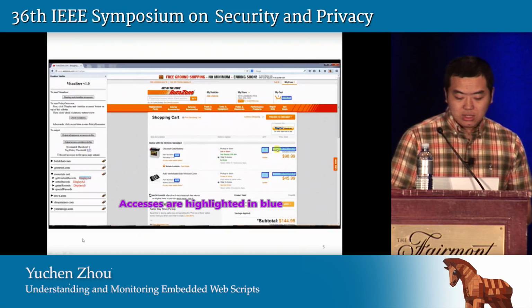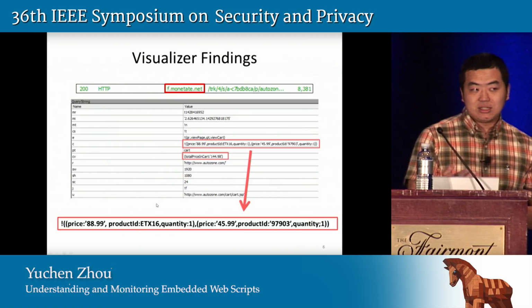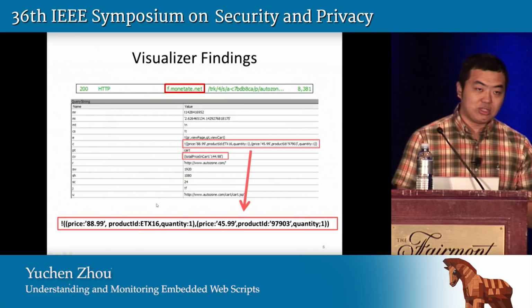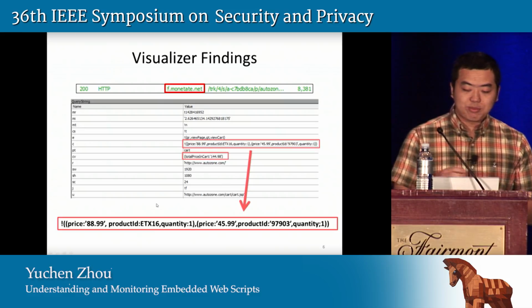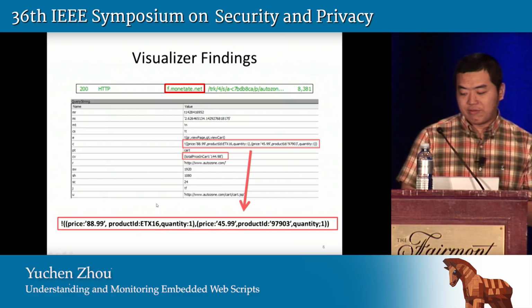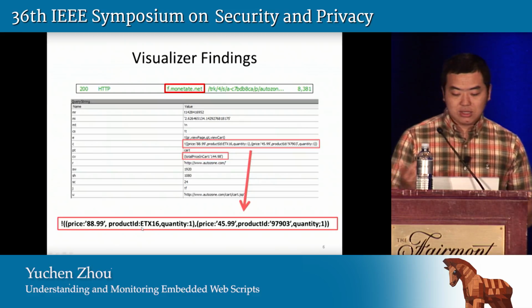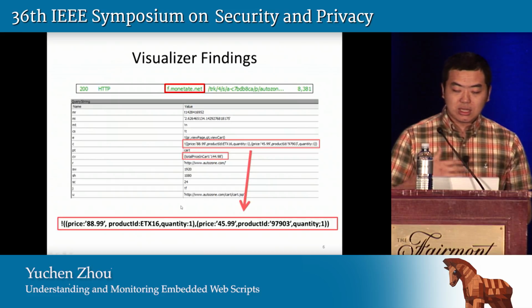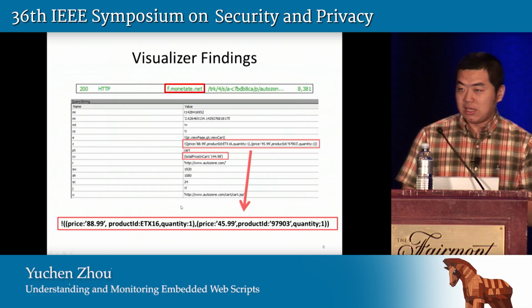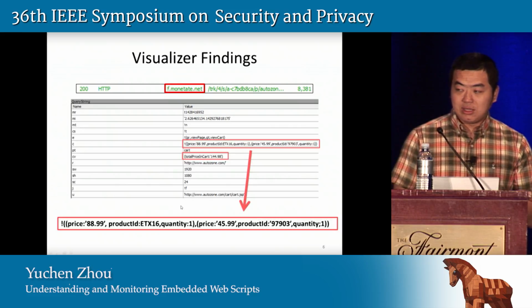We were also able to confirm that the script from moneytape.net actually sends this information away to moneytape.net, and this is captured by Fiddler, the traffic capturing software. You can see the price, product ID, and quantity are being sent out. This is how the Visualiser works, and it gives the site administrators a better idea of what's happening on the page.